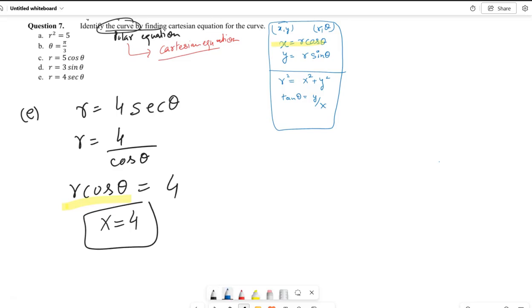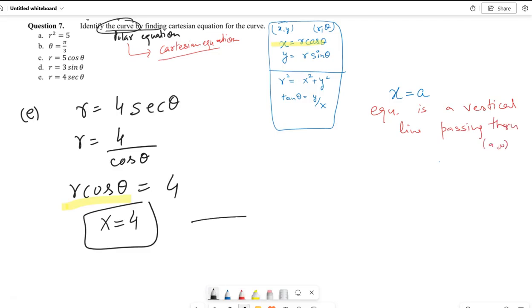Now you guys remember, if we have x is equal to a constant in geometry, that equation is a vertical line passing through a, 0.